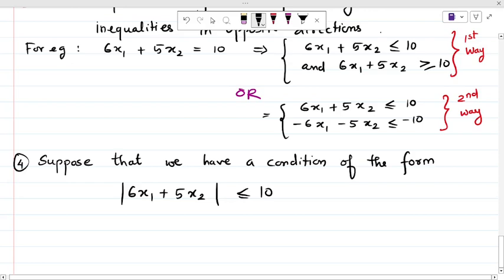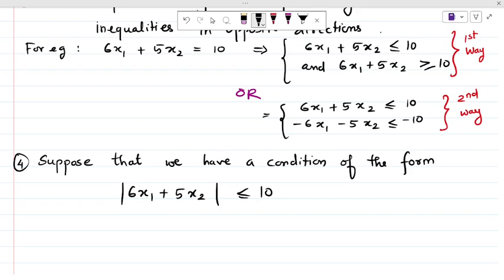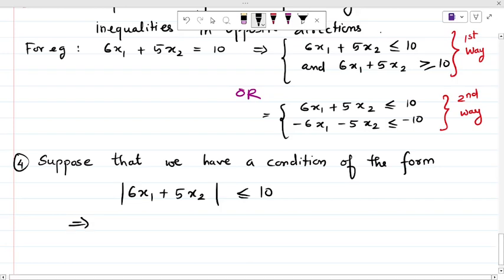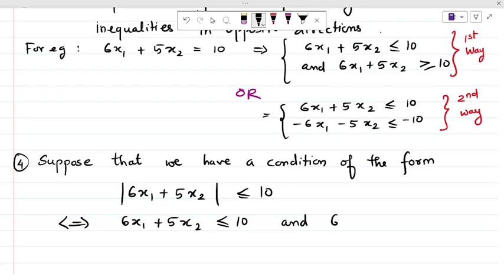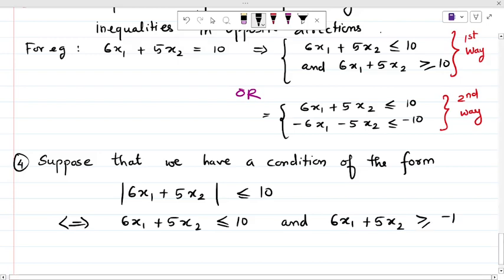If this mod is there, then this mod sign gets replaced with two inequalities. So this is equivalent to saying 6x1 plus 5x2 is less than or equal to 10, and 6x1 plus 5x2 is greater equal minus 10. This is one thing we do.